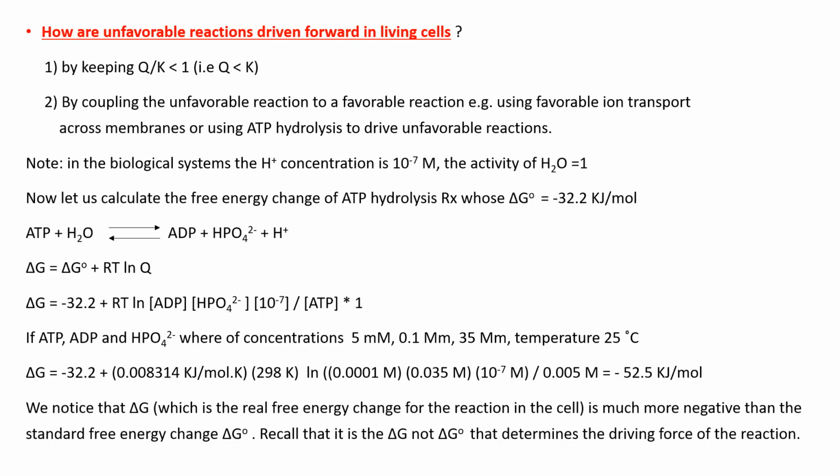How are unfavorable reactions driven forward in living cells? To drive the unfavorable reaction, we can do this by keeping, as we said, Q divided by K less than 1, so keeping the concentration of the products at a low level, and or by coupling the unfavorable reaction to a favorable process, such as favorable ion transport across membranes, or by using ATP hydrolysis to drive unfavorable reactions.